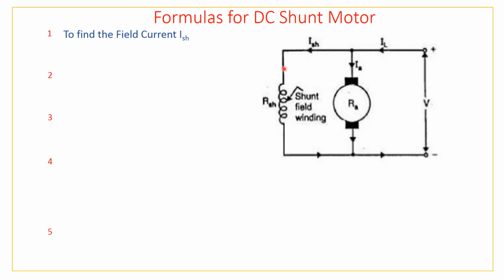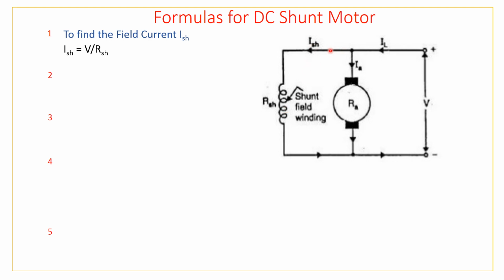The voltage across RSH is the same as V. Therefore RSH is equal to V by ISH, or ISH is equal to V by RSH as per Ohm's law.